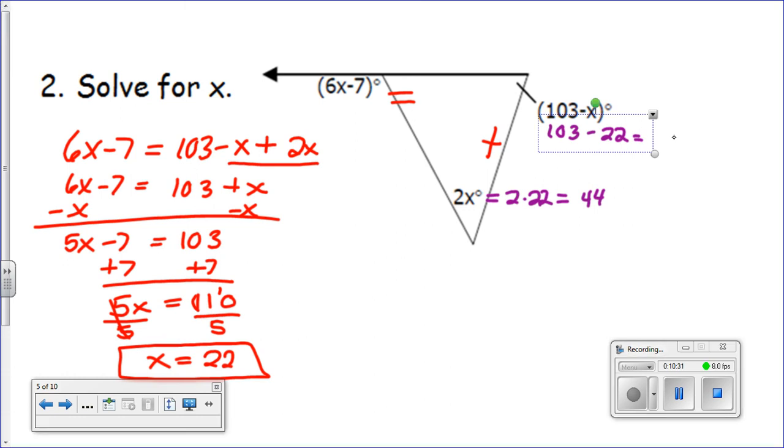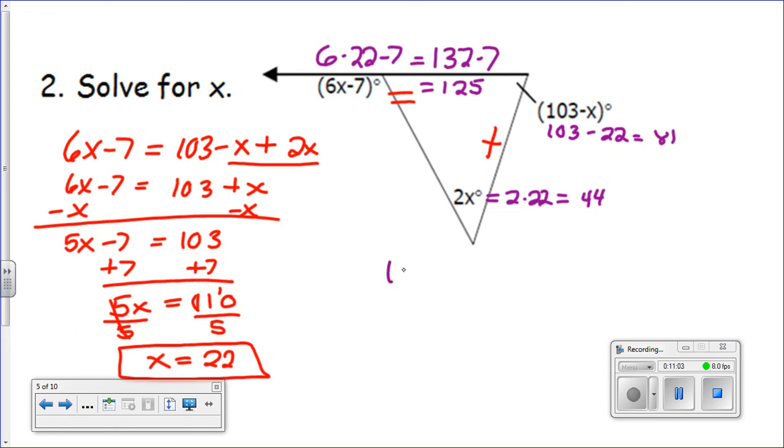So that would be 81. And this one would be 6 times 22. Let me rewrite that. 6 times 22 minus 7. So that would be 132 minus 7, which would be 125.